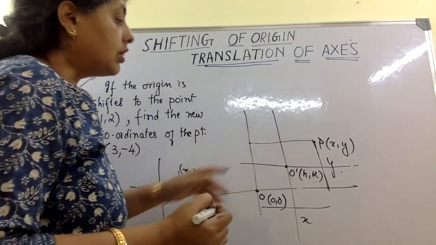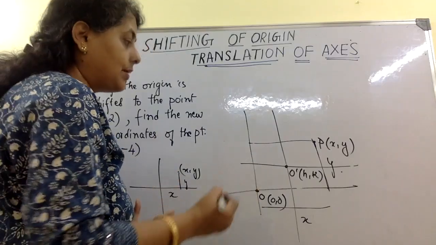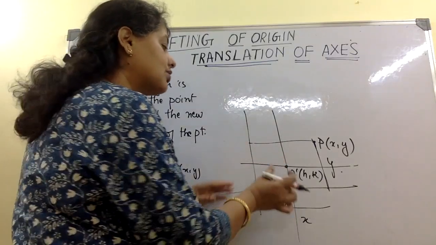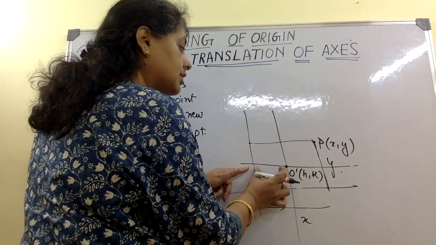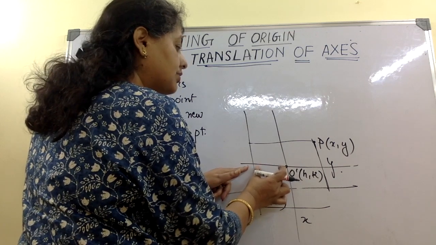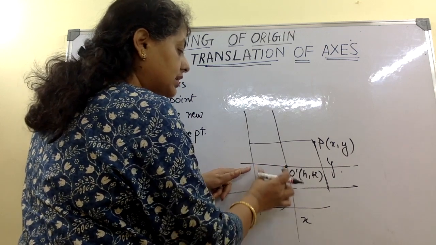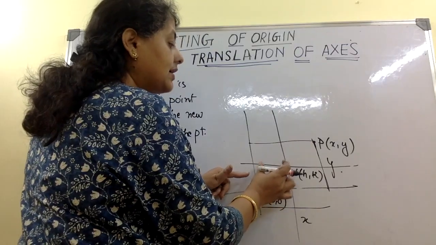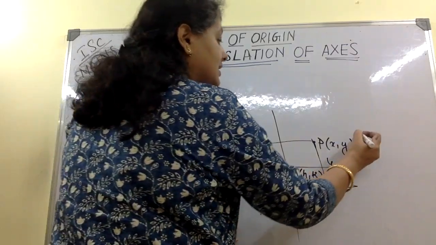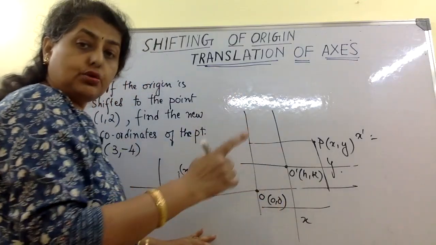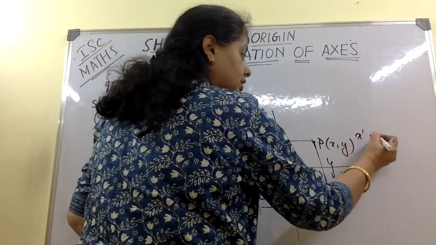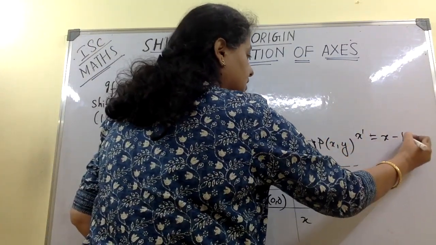Now, according to this axis, my x has got reduced by this much, so it has got reduced by the h value. So x dash, which is my new coordinate, is x minus h.